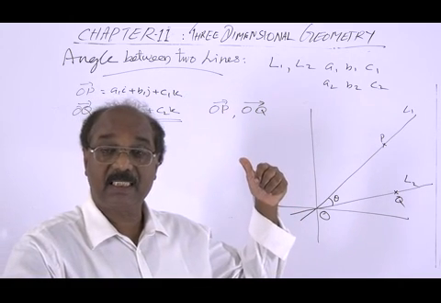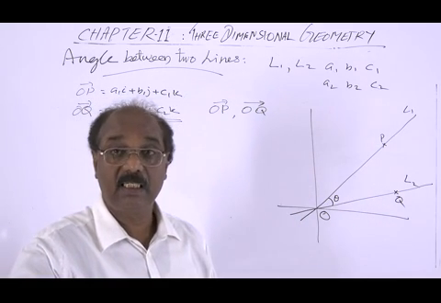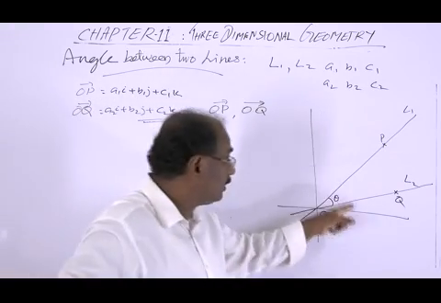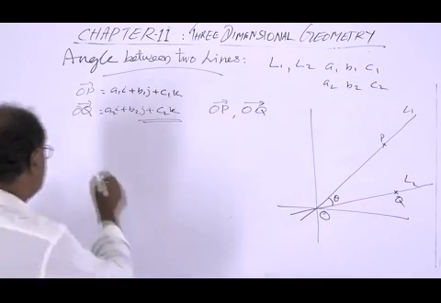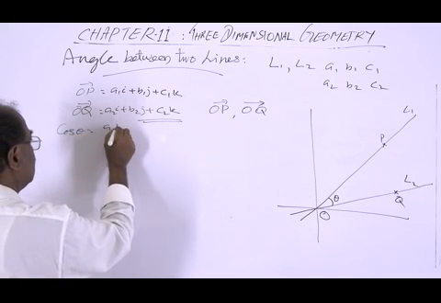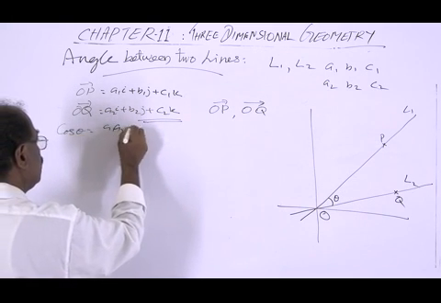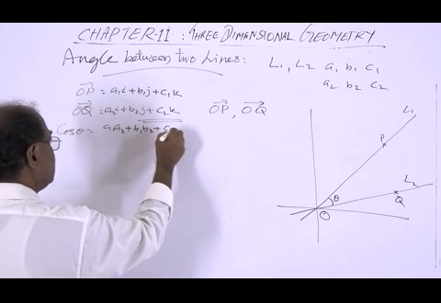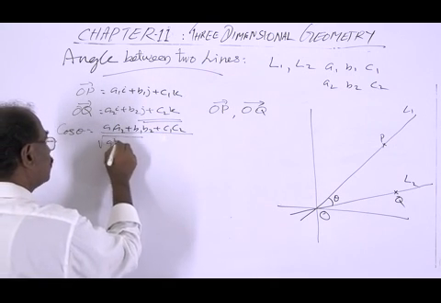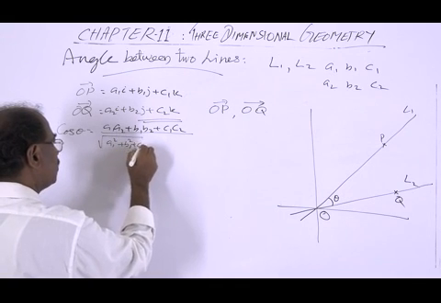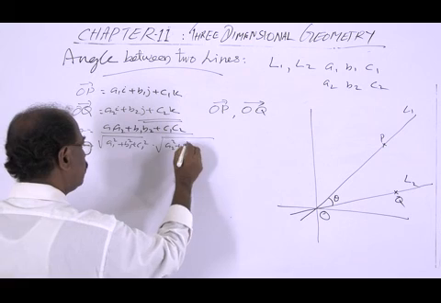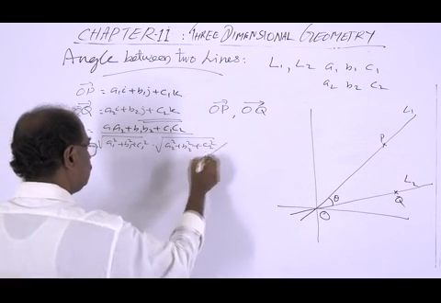Therefore, using a result in vector theory, the angle theta between these two vectors, which is the same as the angle between these two lines, is given by cos theta equal to A1 A2 plus B1 B2 plus C1 C2 divided by root of A1 squared plus B1 squared plus C1 squared into root of A2 squared plus B2 squared plus C2 squared.